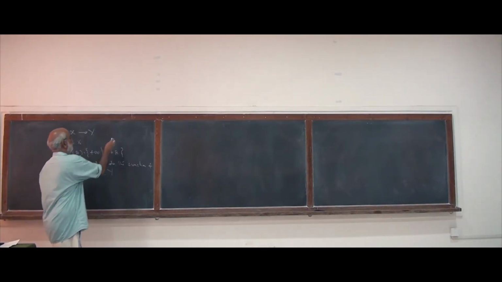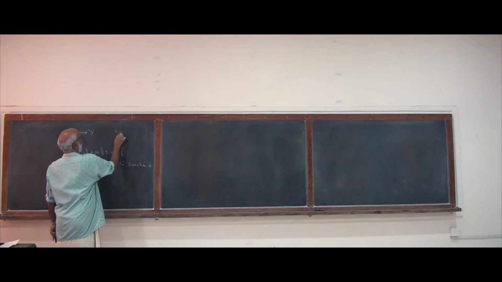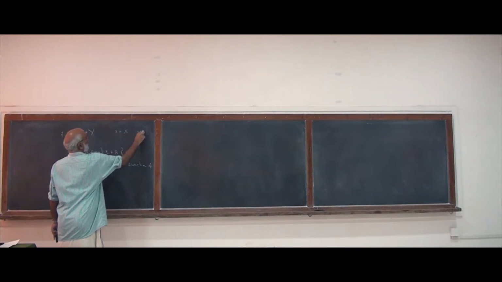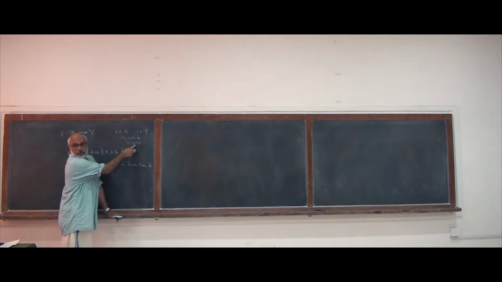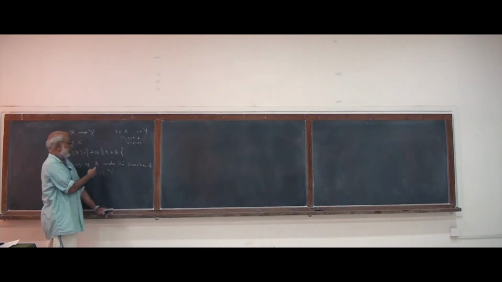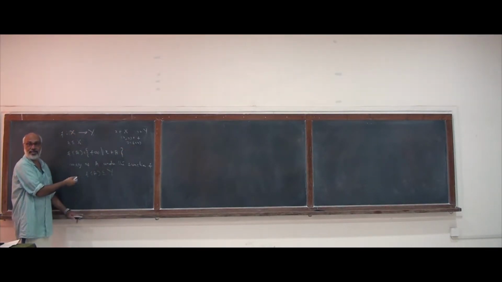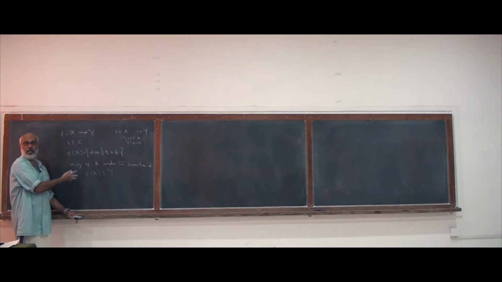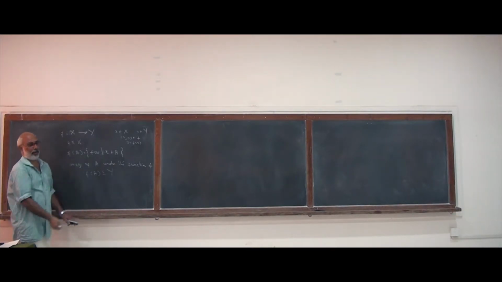If we have an element x of X and y of Y such that (x, y) belongs to f, or y is equal to f of x, then this y is called the image of the element. This is a generalization of that. Here we are defining the image of a subset A. It is defined as the set of all elements to which the elements of A are mapped.